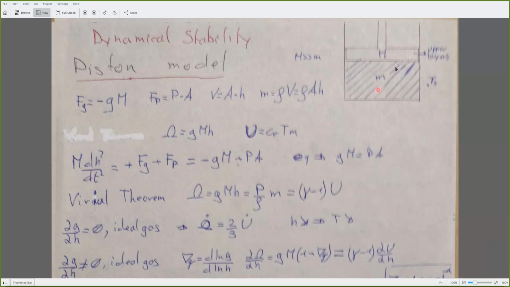The mass of the gas below is considered to be really smaller than the mass of the piston.